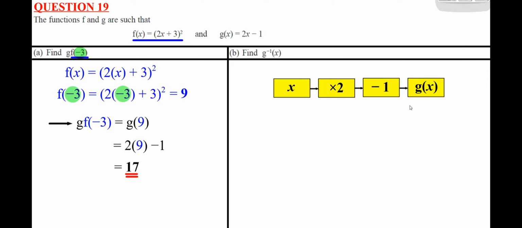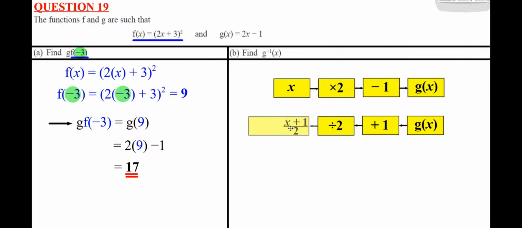We're now going to start at this side, input x, and work back to front. So if I were to take g of x and undo it, again the opposite way, instead of minusing 1, we'd add 1. And the opposite of multiplying by 2 would be to divide by 2. And out we'll put not g of x, but because we've gone the opposite way, g minus 1 of x.